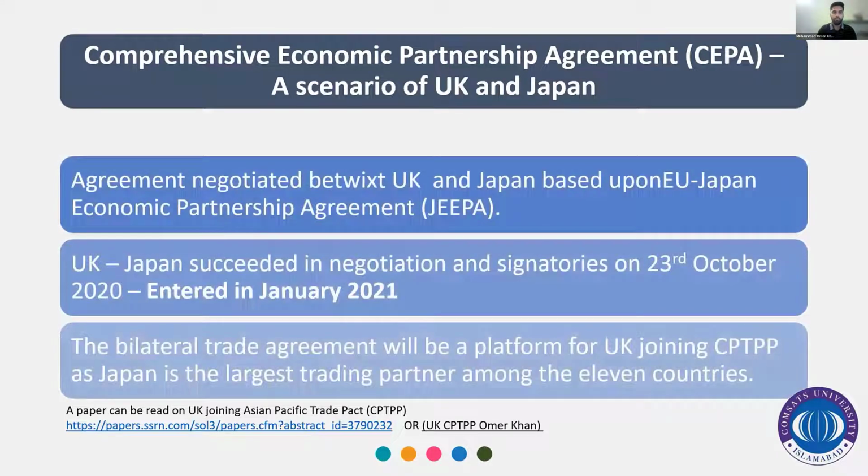We all know that before Brexit, the UK was part of the European Union for the last decades, and after that the UK succeeded in withdrawing from the European Union. At that time, the GDP and economic productivity of the UK was extraordinary.